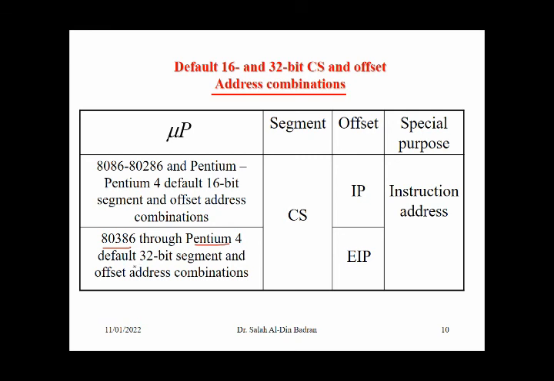These microprocessors have 32-bit segments, bigger than the first microprocessors. The first microprocessors, 8086 up to 80286, and Pentium to Pentium 4 default to 16-bit. Their default is 16 bits with offset address combinations, as you see, IP and CS.